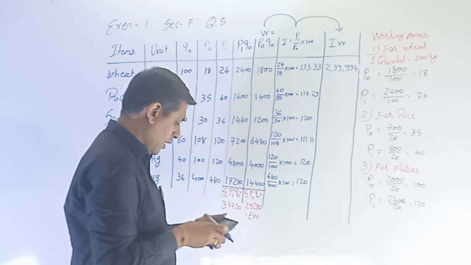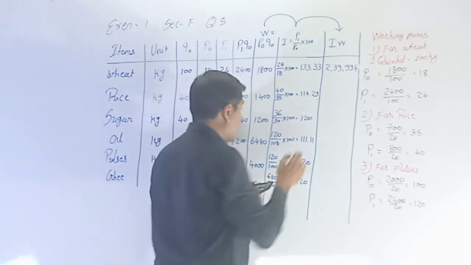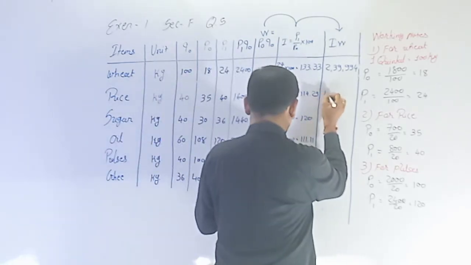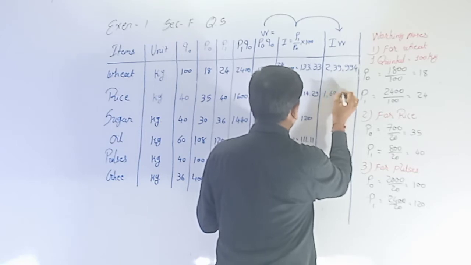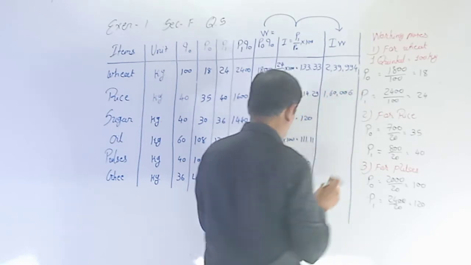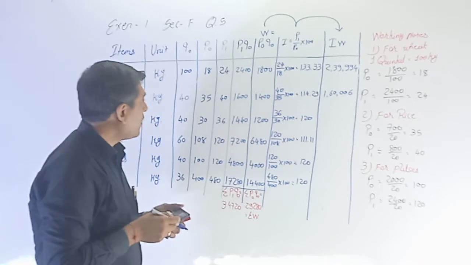Okay, now 114.29 into 1400, that is 1,60,006 rupees only.